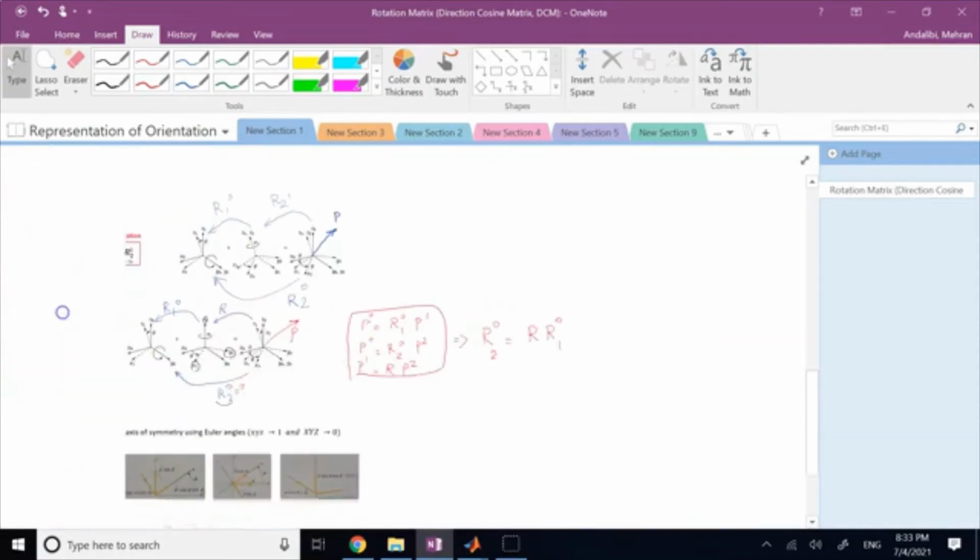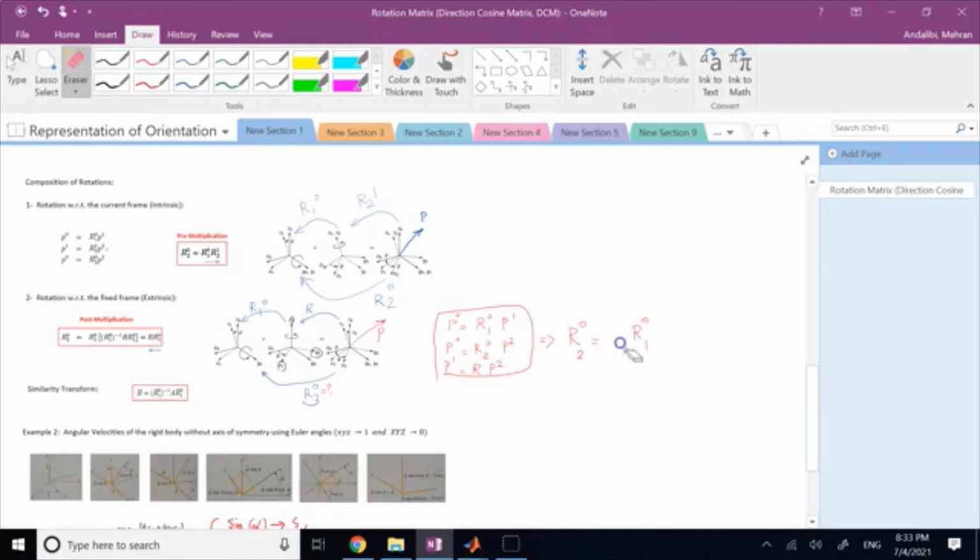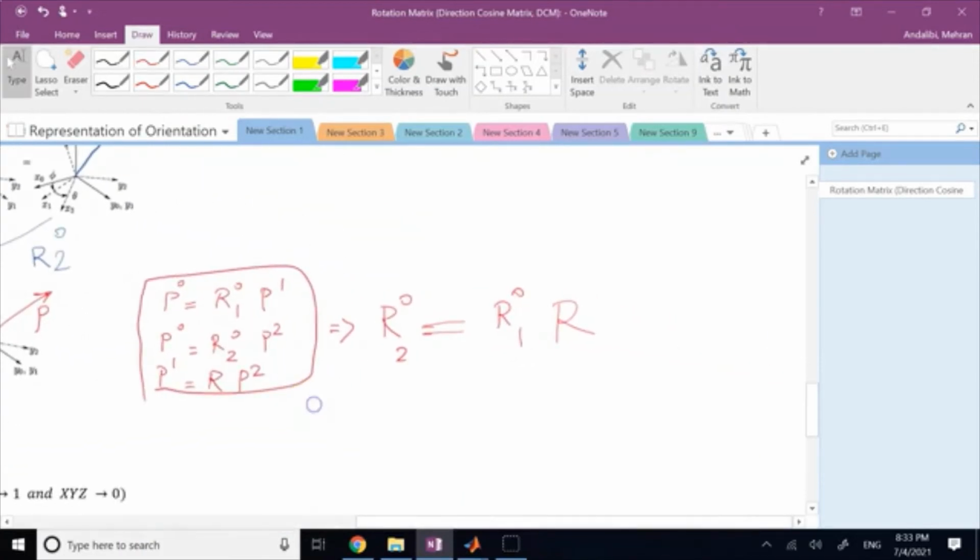Sorry, it has to be, my bad, R10 times R. So if you combine, it will give you something like the previous case, with one difference. If you look, this one, the reference of it is frame 0. This one, the reference of it is frame 0. What about this one? Is the reference of it frame 0? The answer is no.